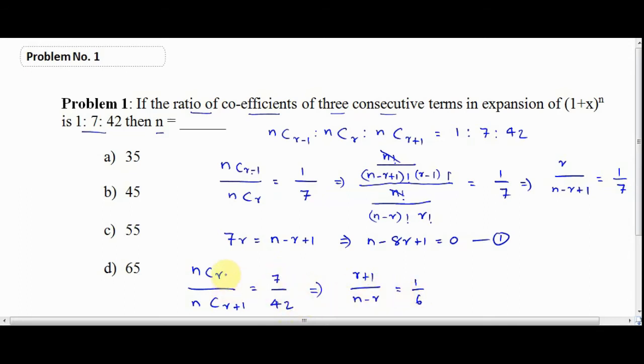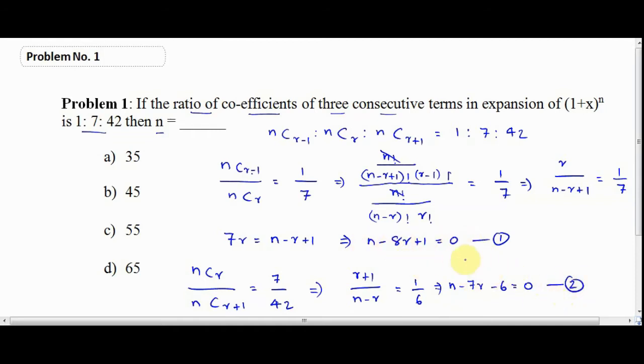When you simplify this left hand side, you will get it as (r + 1) divided by (n - r). From this we get another relation connecting n and r, that will be n - 7r - 6 = 0. We may take it as equation number 2. So we have two equations relating n and r.